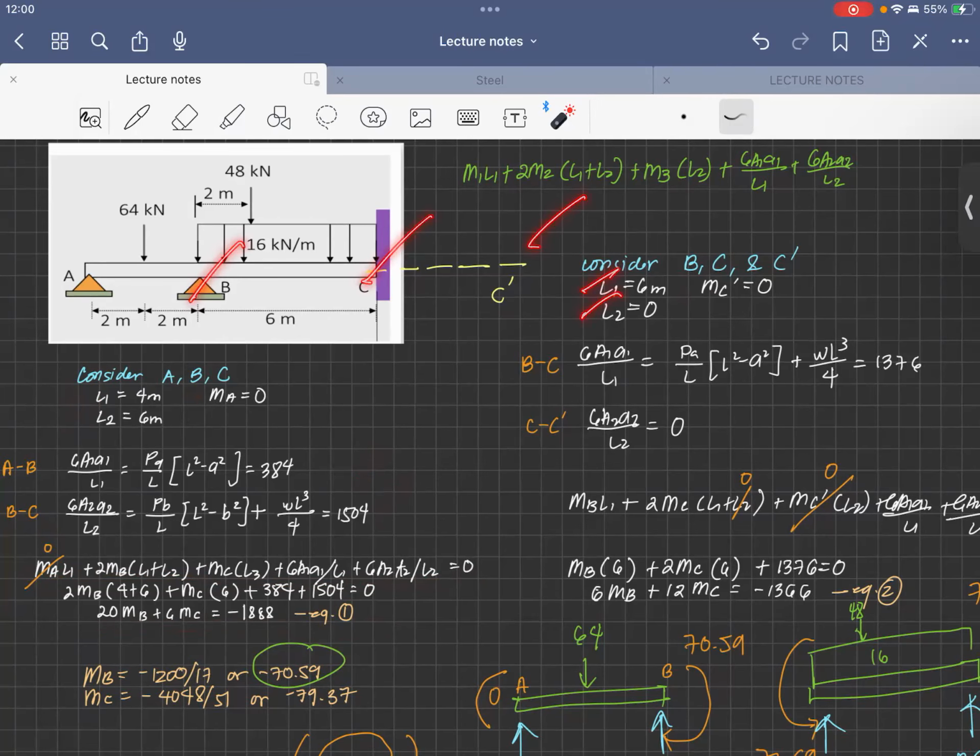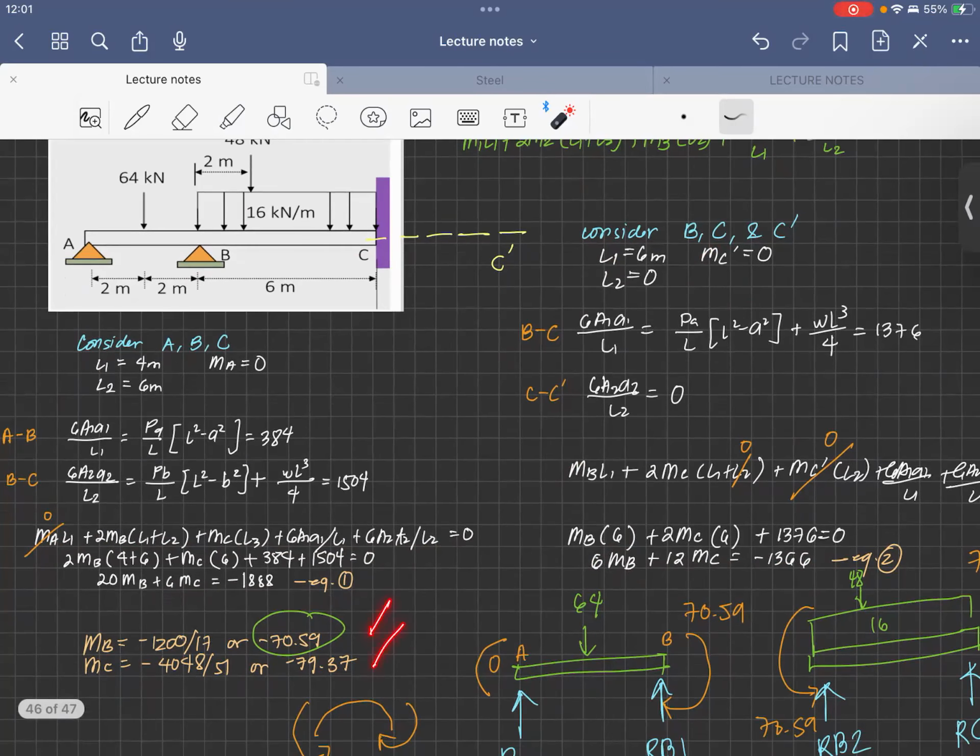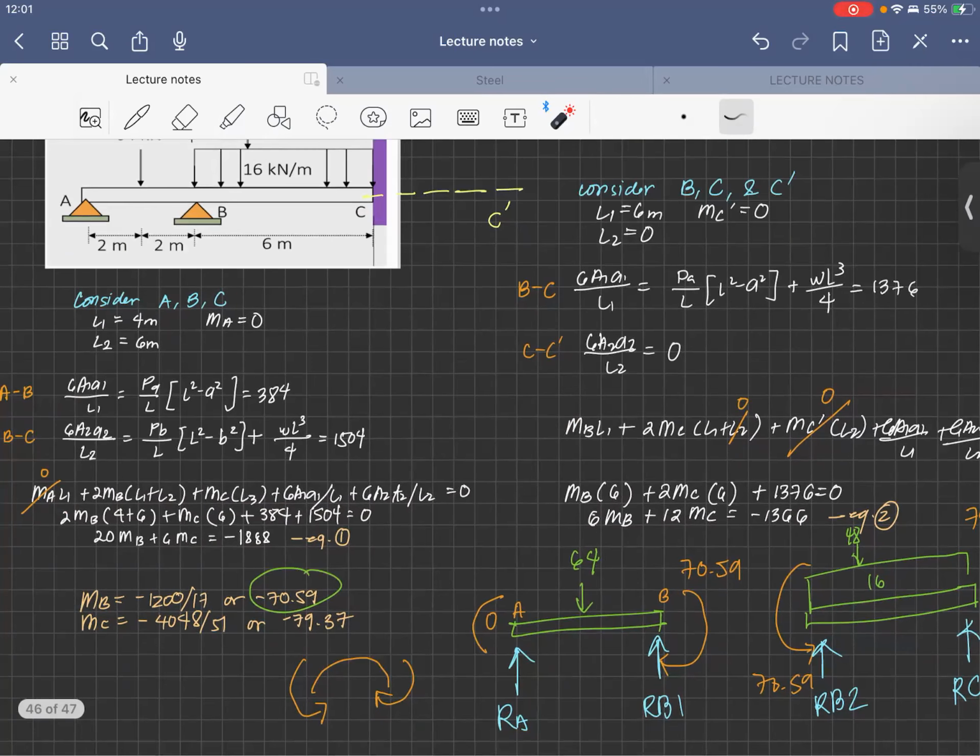Write the available data or given, and then solve for the values of these two, and then substitute sa general equation to arrive with another equation, and then two equations, two unknowns, or just use simultaneous equations to solve for the end moments. And then, using the end moments, solve for the support reactions. Then after solving for the support reactions, you can now draw the shear and moment diagram.